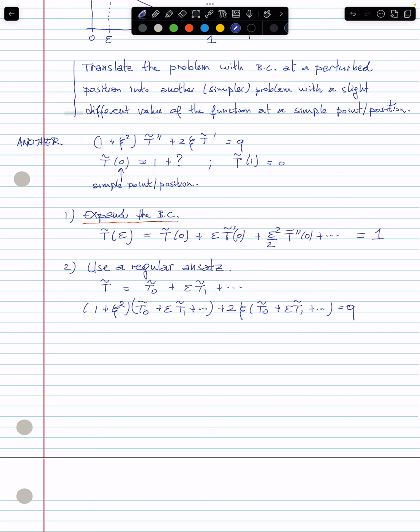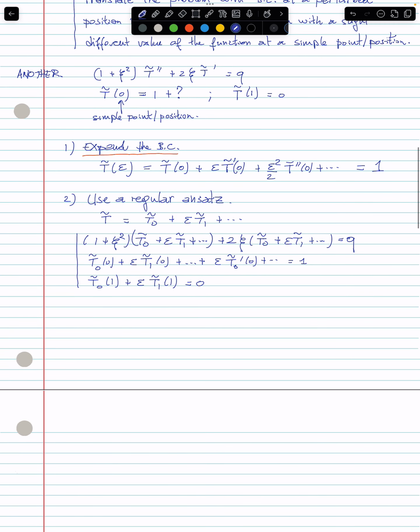And so this gives us t0 tilde plus epsilon t1 plus higher order terms, plus epsilon t0 prime plus higher order terms. This is equal to 1. And we have another equation, the second boundary condition, which is t0 tilde of 1 plus epsilon t1 of 1. This is equal to 0.